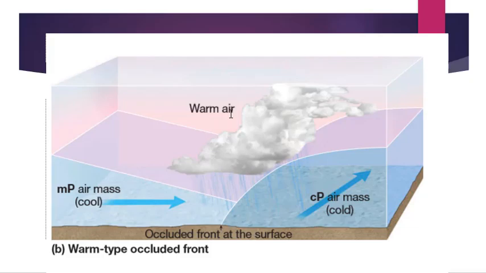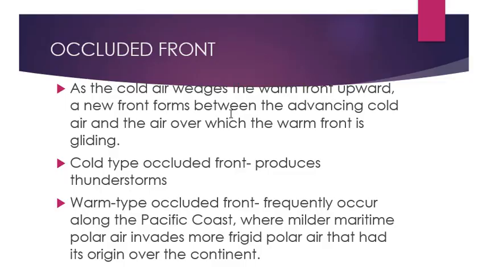So that is the warm type occluded front. Cold type occluded front produces thunderstorms, and warm type occluded front frequently occurs along the Pacific coast, where milder maritime polar air invades a more frigid polar air that had its origin over the continent.